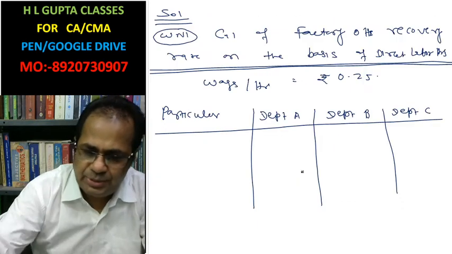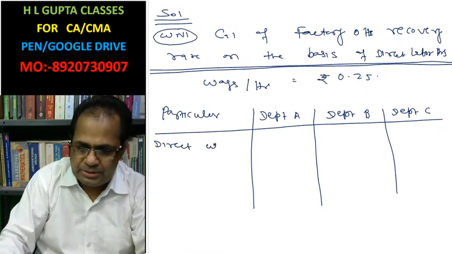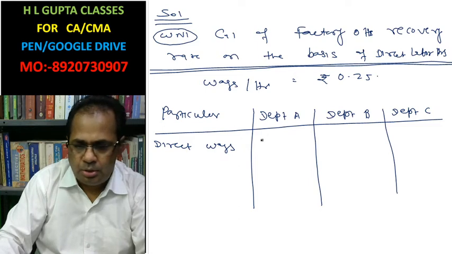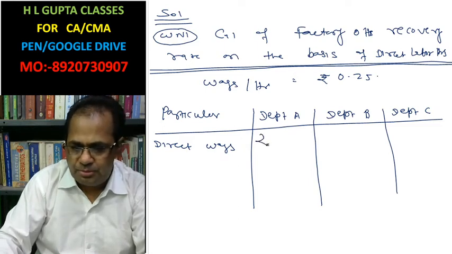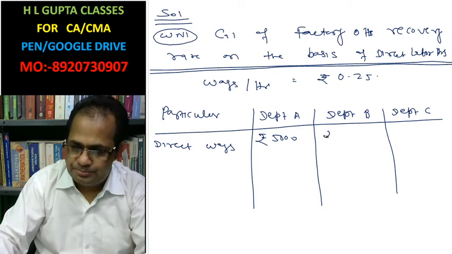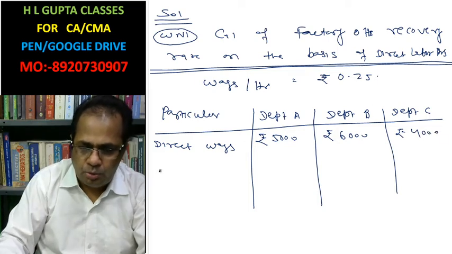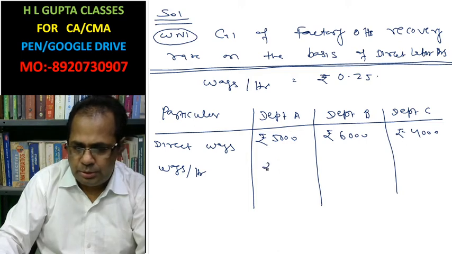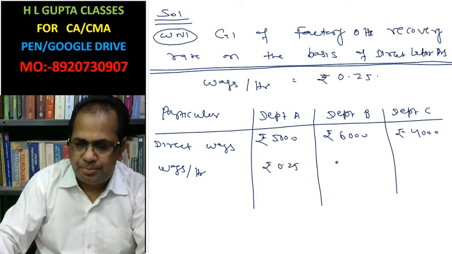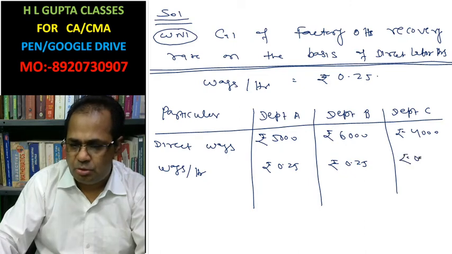The direct wages you can write here: 5,000, 6,000 and 4,000. Wages per hour: rupees 0.25, rupees 0.25, rupees 0.25.